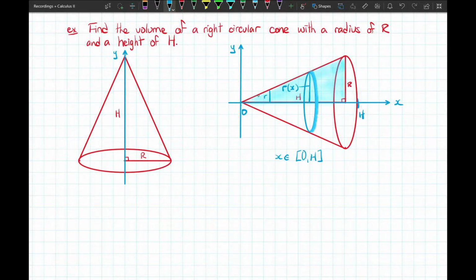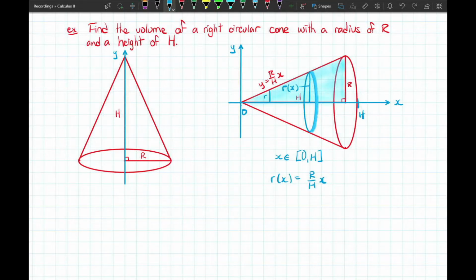And this is a function. We can see that it has a y-intercept of 0 and a rise over run of capital R over capital H. So this function is simply y equals rise over run times x. And r of x is simply the distance from 0 to y. So it's pretty easy to give an expression for r of x.